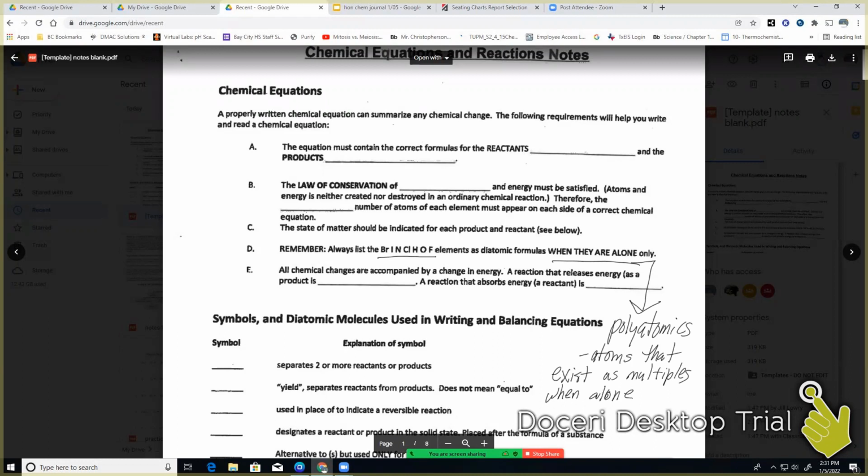And so the two that we're going to worry about is sulfur, and it exists as 8 atoms when it's all by itself. Not when it's part of a compound, but when it's all by itself. And the other one is going to be phosphorus, and it exists as 4 atoms when it's all by itself.